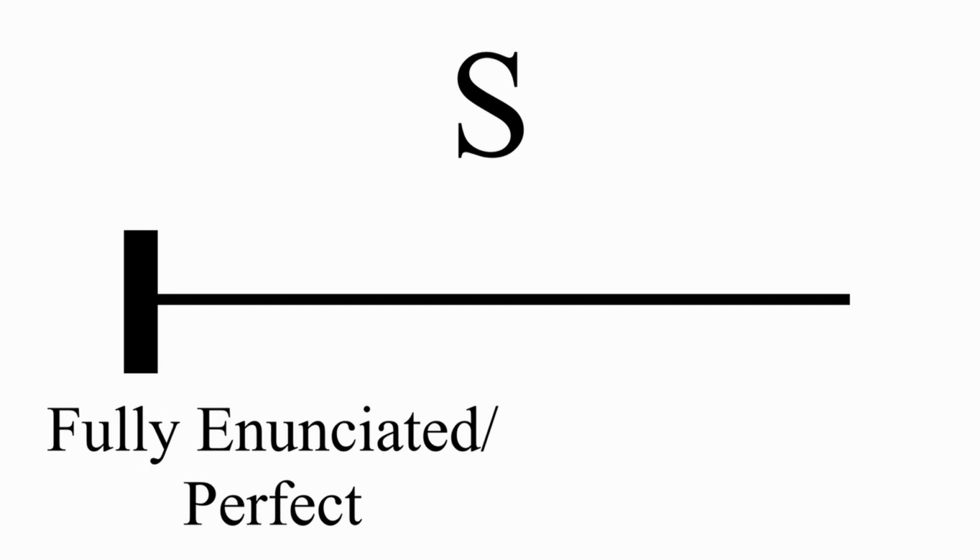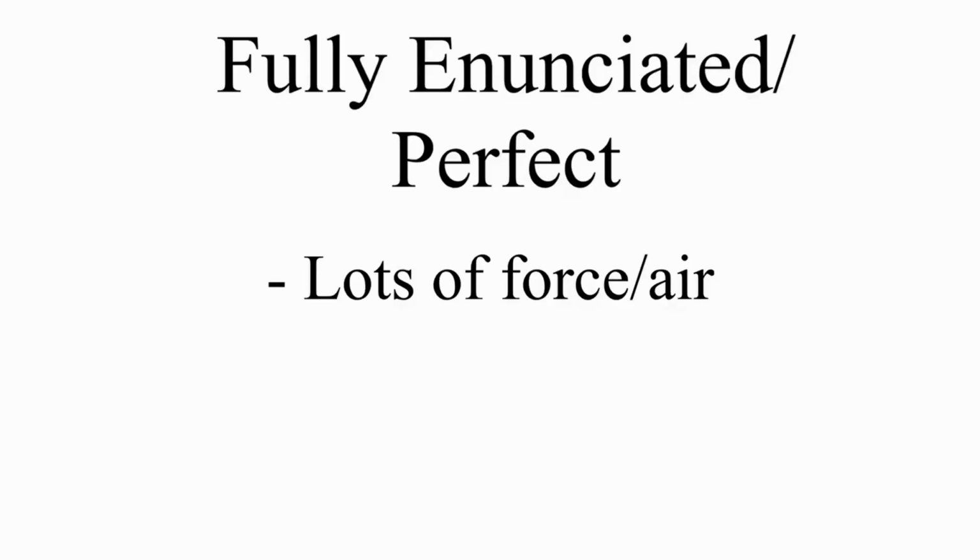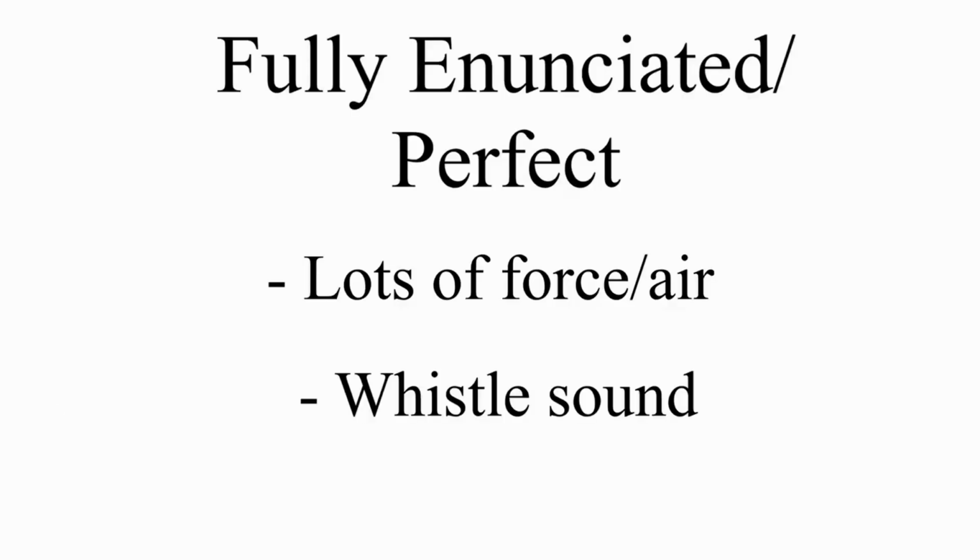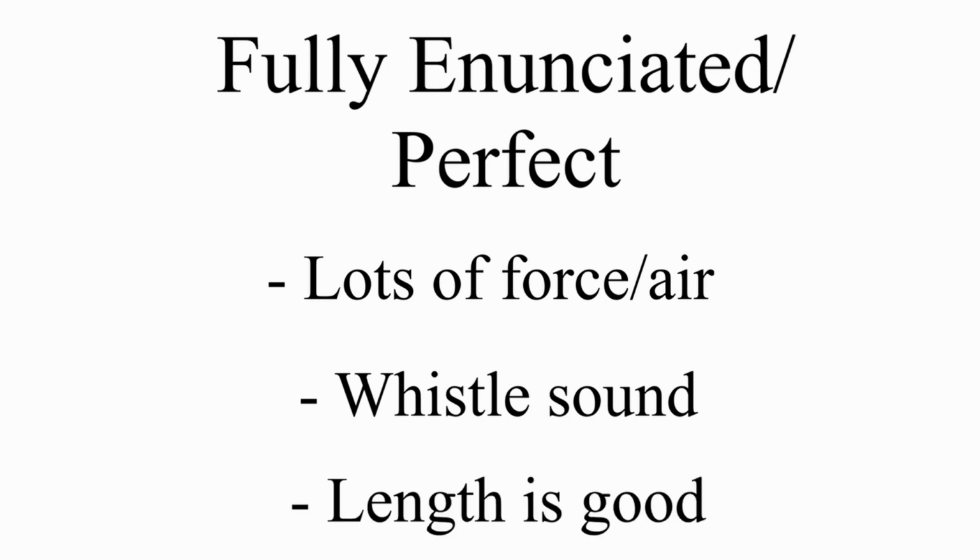So there's a lot of force, lots of good air. There's a whistle sound because of the position. S. Okay, and the length isn't too short, right? It's a good solid sound. S. So if I say so, okay, I'm very clearly enunciating that word and each sound in the word.